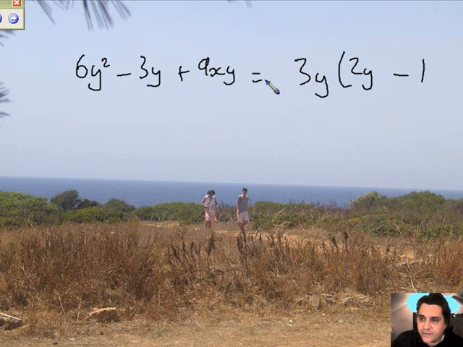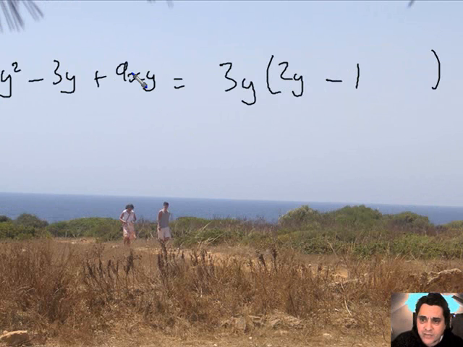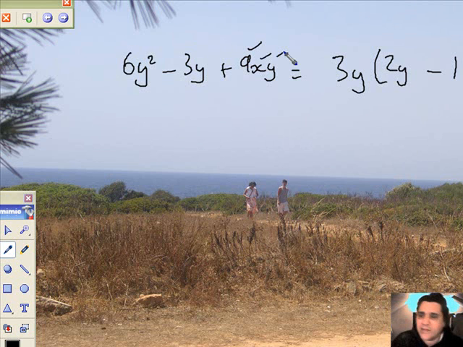And for the final term, 3 times 3 makes 9, so that's 3 there. And I require an x, and it's positive. 3 times 3 gives me the 9. Y times x gives me the xy part. Altogether, I have 9 lots of xy, and that's exactly what I've got outside. Alright, so that's fully factorised.